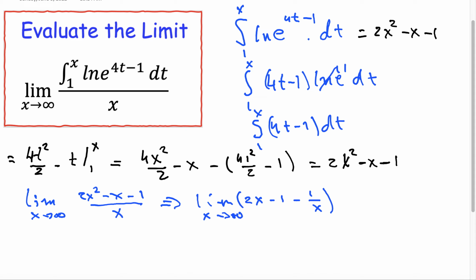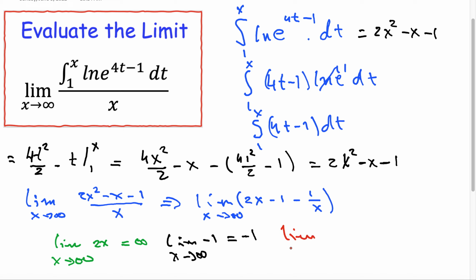If we take each limit individually, for example the limit as x goes to infinity of 2x is infinity. Then the limit as x goes to infinity of minus 1 is minus 1. And finally, the third limit, because this is a rational function which could give a hyperbola, as x approaches infinity, minus 1 over x is equal to 0.